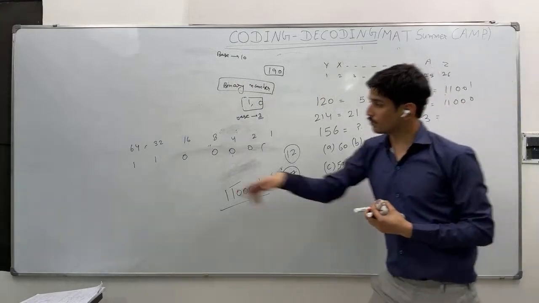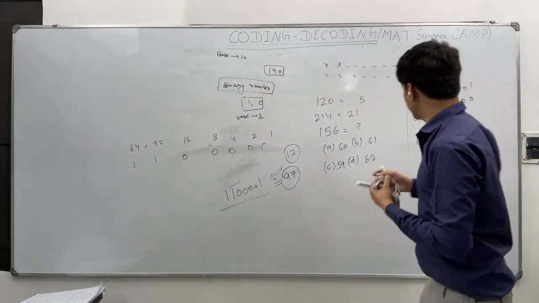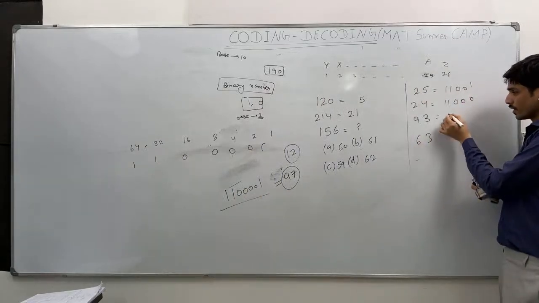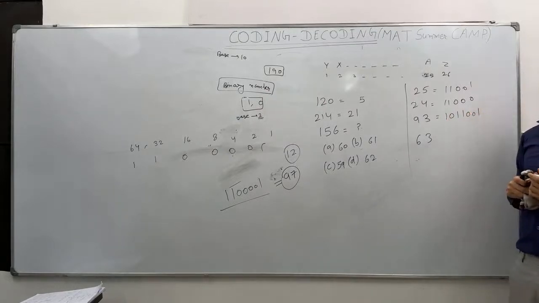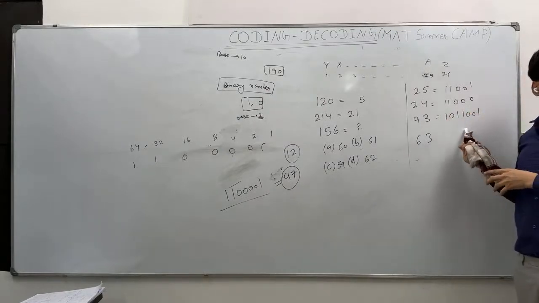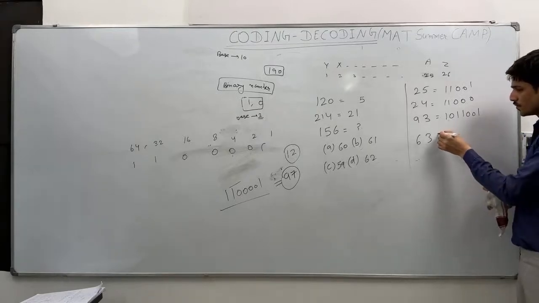Now tell me, what is 93? How will you get it? You start from here, 64, then 32. Is it clear? Is it right? Okay. Next, 63.